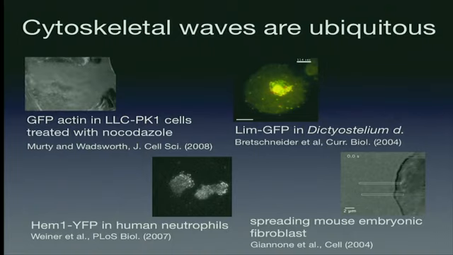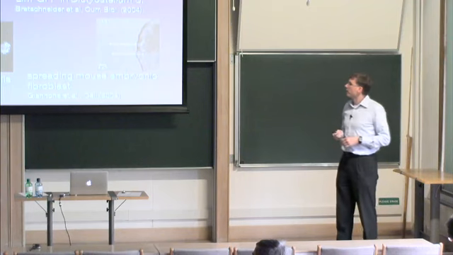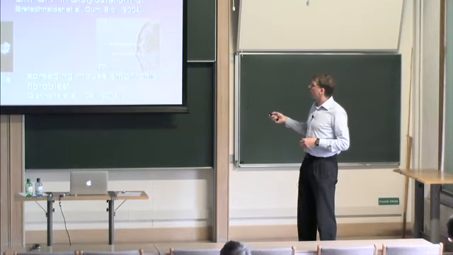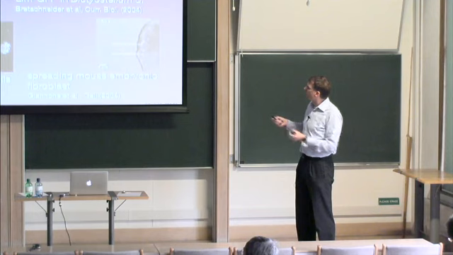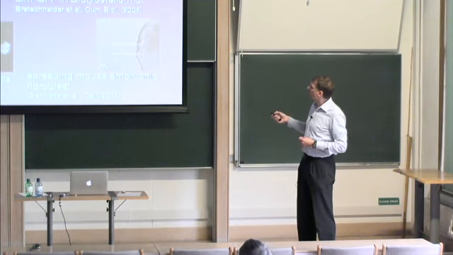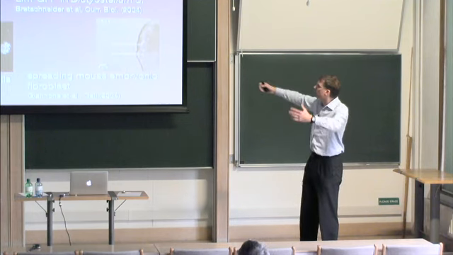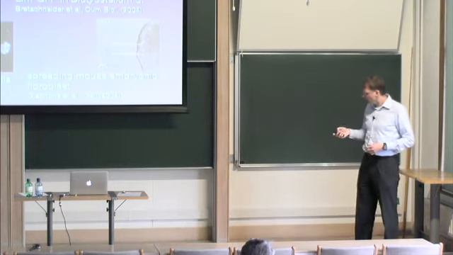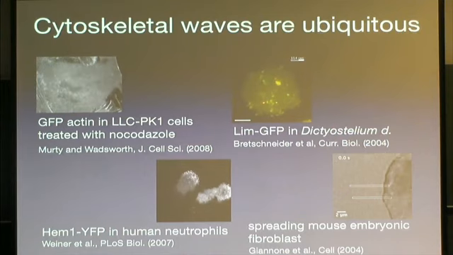You can have similar phenomena also in other kinds of cells, so these are very different cells from these ones, doesn't matter what they are. Here you see again these wave phenomena. Here specifically the plus ends, so the growing ends of actin filaments, have been traced, and you see that you have bursts of actin polymerization. So here, for example, you see these spreading waves in the system. You see them also in human cells, so in our cells.